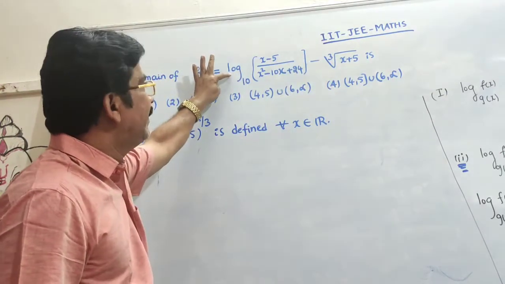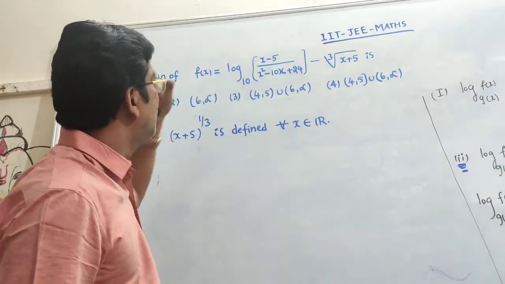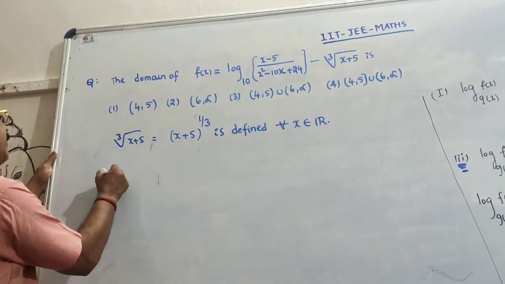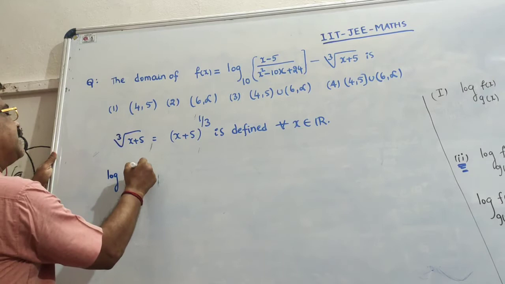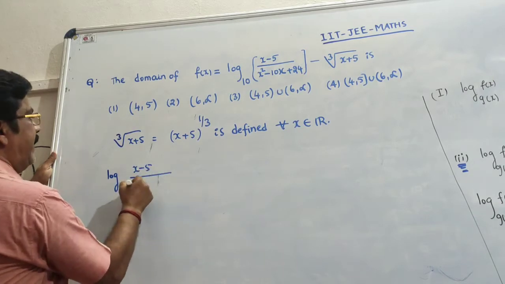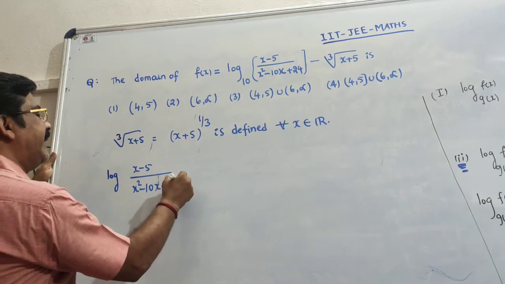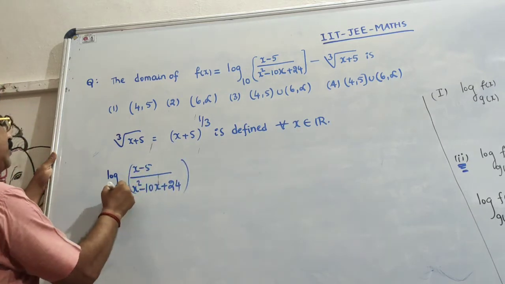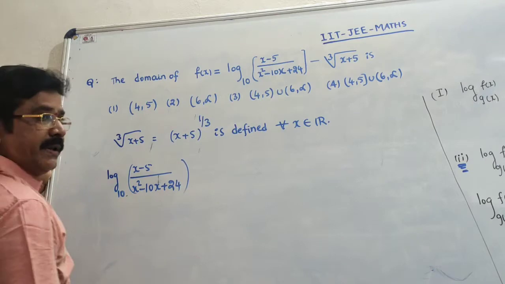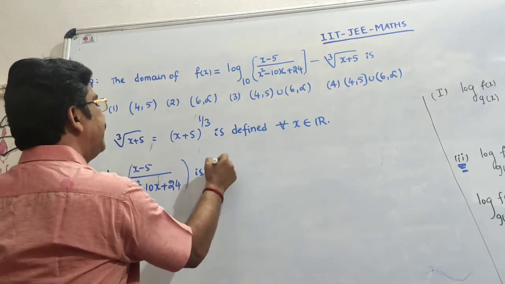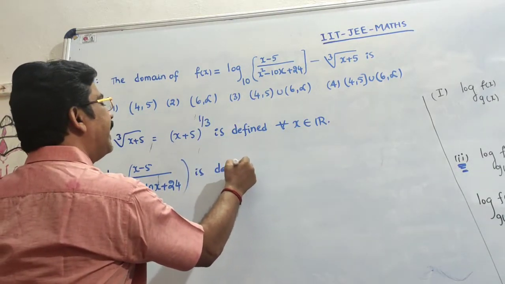Next, let us think of the logarithm part. Here the logarithm of (x minus 5) divided by (x square minus 10x plus 24) to the base 10 is defined.